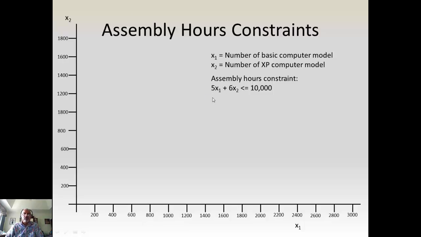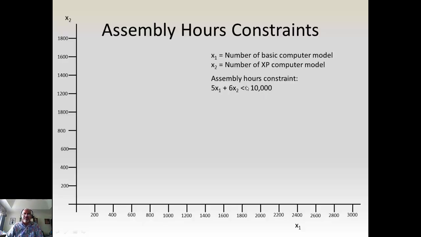So that's the total assembly hours needed for base model, and 6 hours needed for each XP model. So 6 times x sub 2 is the amount of assembly labor needed for XP model. So the additive properties of these two, when added, give you the total assembly hours that we will be using, and that has to be less than or equal to what is available, 10,000.